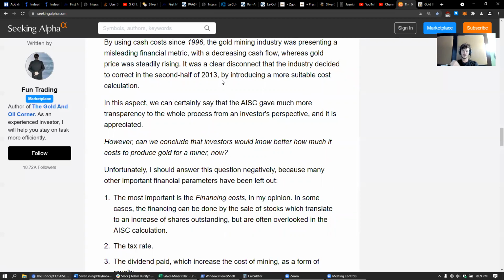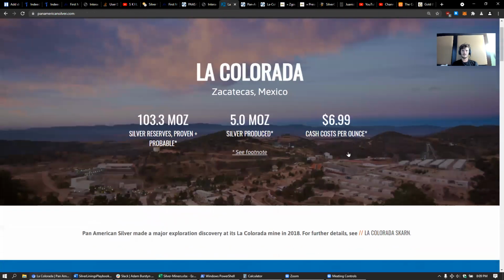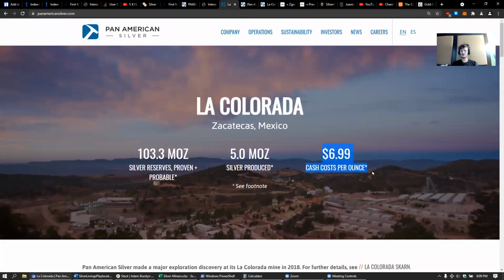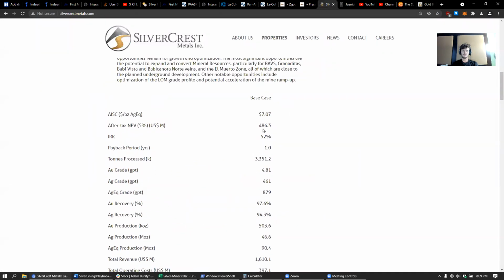Yeah, so there you have it. The question comes down to this: since I'm getting the cash cost per ounce here versus the all-in sustaining cost, do they have enough of those extra general and administrative expenses that would put them above this all-in sustaining cost that takes more of the cost into account?